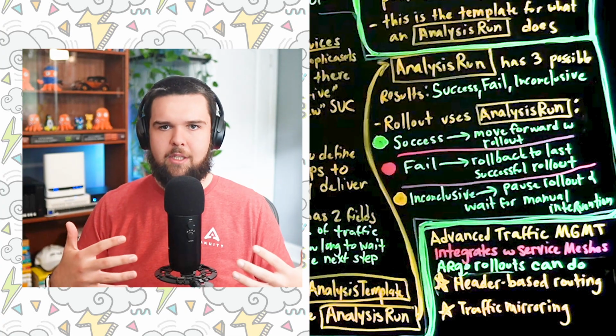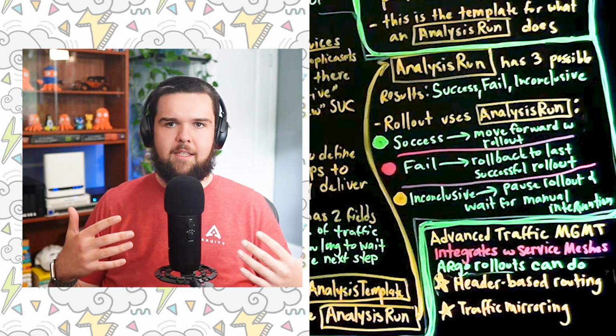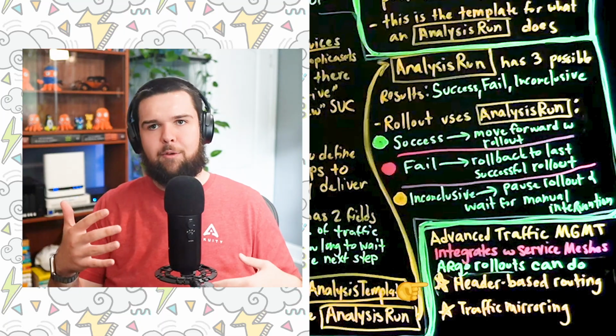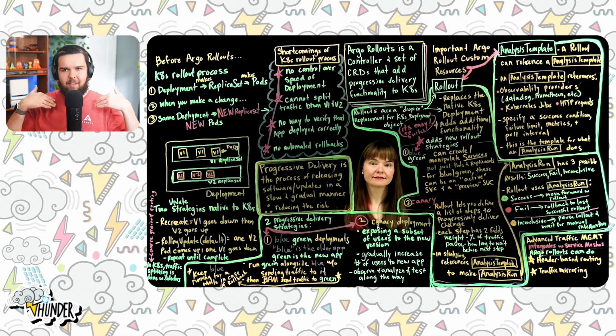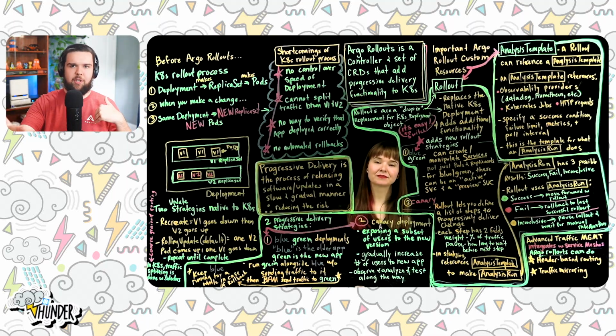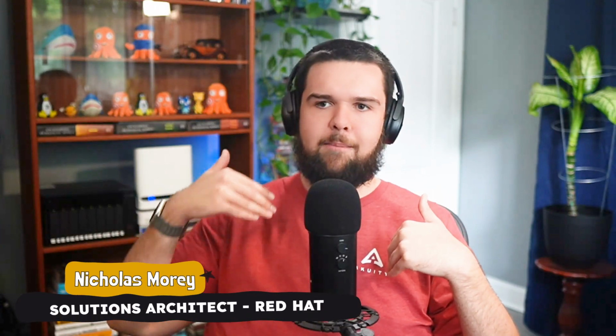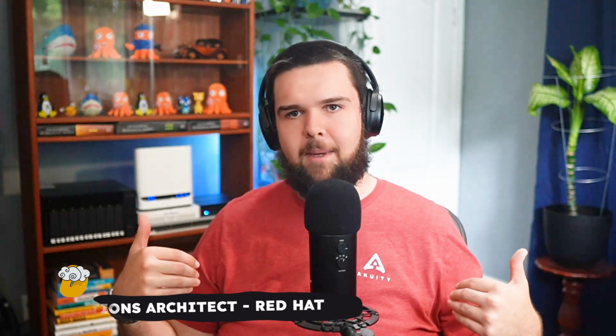With the traffic management functionalities, you can actually integrate into service meshes to do more advanced techniques, like header-based routing, where you can say, if in my request to my application, I see this specific payload, this header that says that I'm running Firefox on macOS, you can tell that traffic to go to the new version rather than just a 5% sample of the entire traffic base.